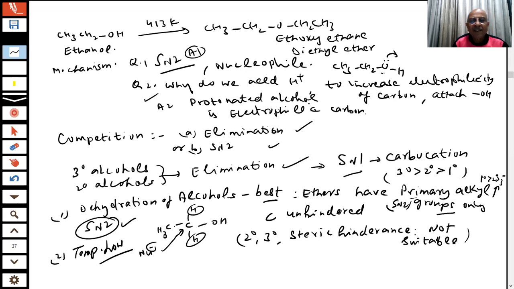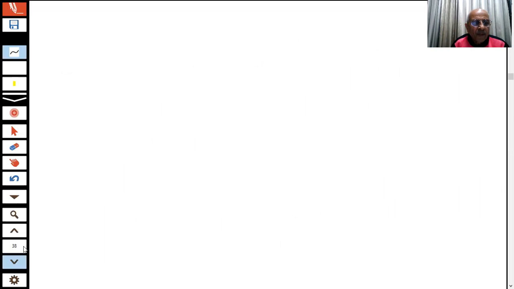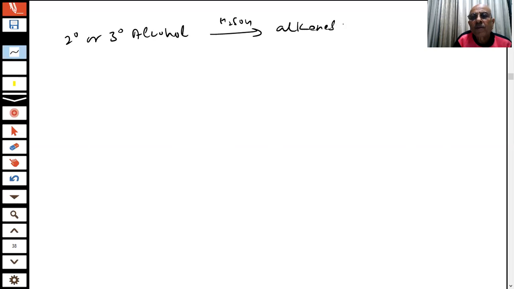So we can see that the dehydration of secondary and tertiary alcohol will give you alkene rather than ether. If I do the dehydration of 2-degree or 3-degree alcohol and I add H2SO4, then you are likely to get alkenes.